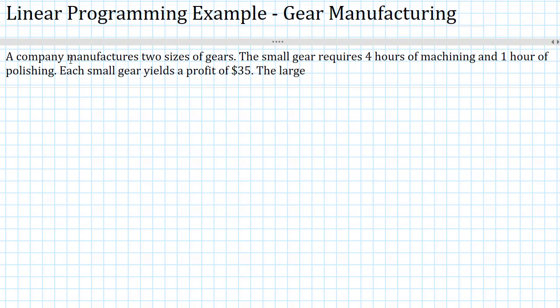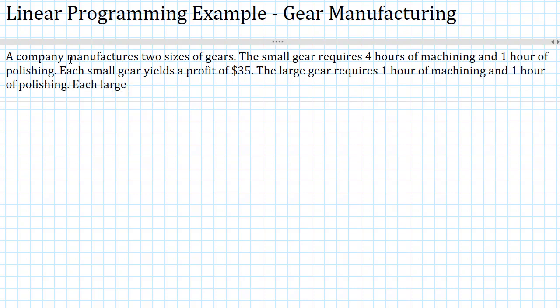The large gear requires 1 hour of machining and 1 hour of polishing. Each large gear yields a profit of $20.